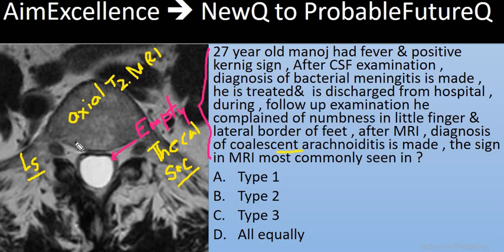But in cases of coalescent arachnoiditis, there are three types. In type 1, the nerve roots are clumped with each other.